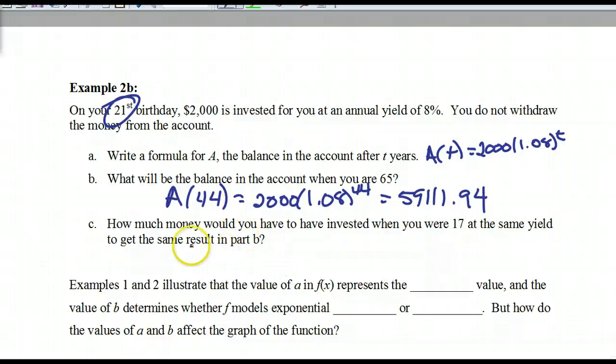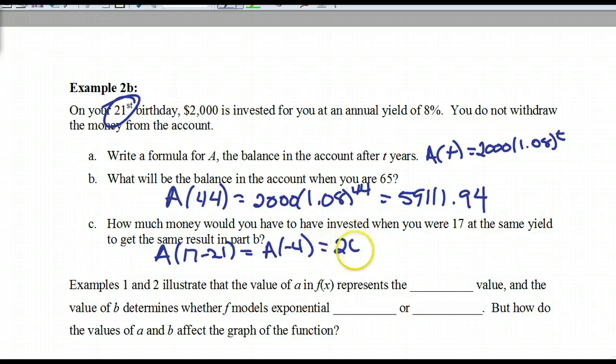I'll show you what I did. I just took A of, and we're looking back in time, so 17 minus 21. Okay, so we're going to look at A of negative 4. Because that's 4 years ago we're looking, 2,000 times 1.08 to the negative 4th power. Wait, so I was right? Yeah, we're going back in time.